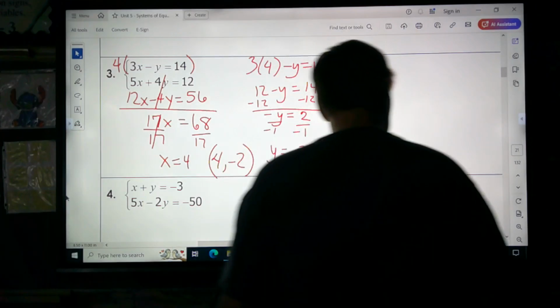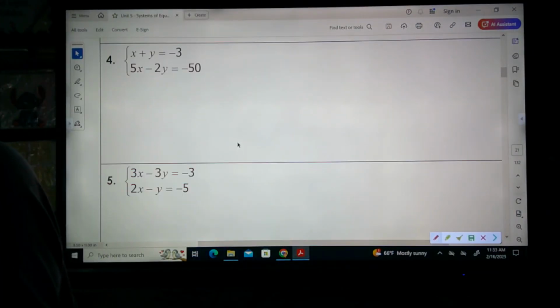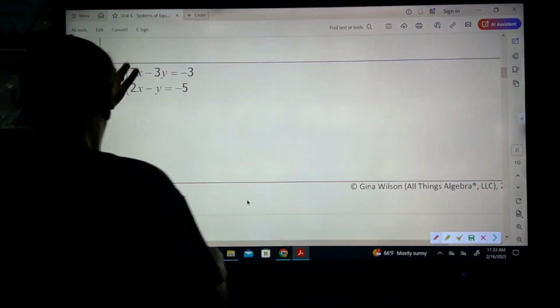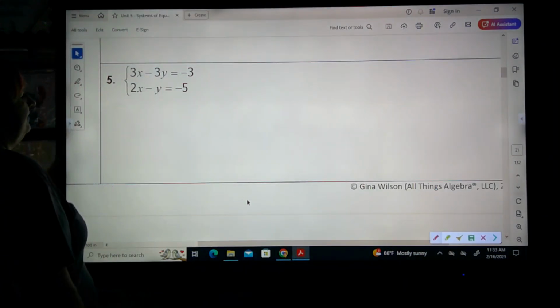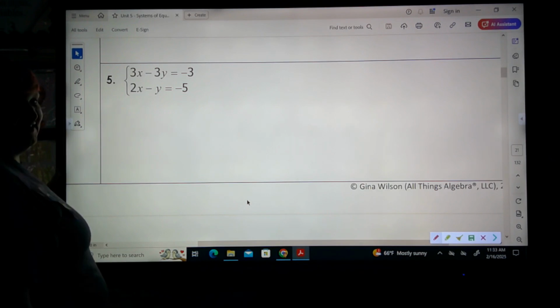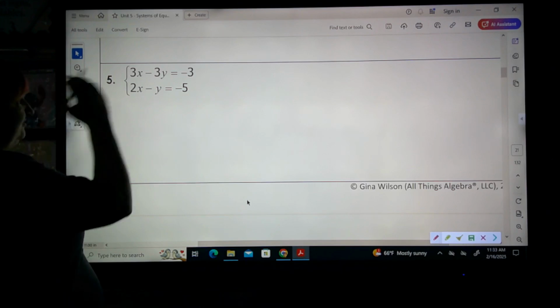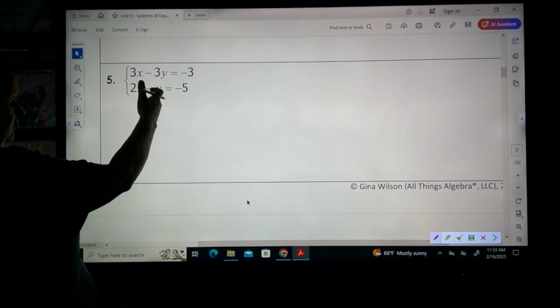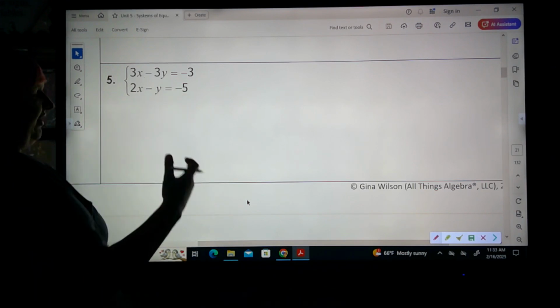Alright, scrolling down to 5. Again, I can multiply the x values, the coefficients, and make that 6 and negative 6. But to be honest, all I have to do is multiply one of them by positive 3.